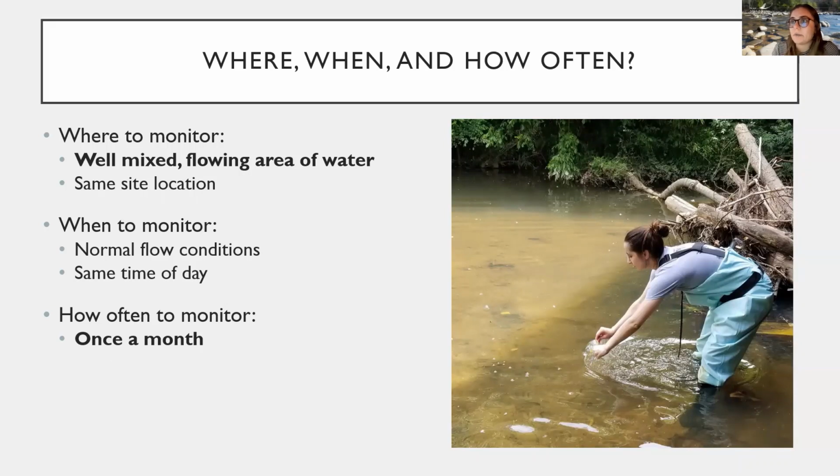And then we want to make sure that the area we're selecting has well mixed and flowing water. So be careful that we're not choosing an area that's stagnant or where we don't see much movement. We want to definitely look for flow. And when we are grabbing our samples, we just want to make sure we're not getting a bunch of sediment in our bag and things like that. But that's something Jackie's going to tell us about in just a minute when we go through how to collect our sample.